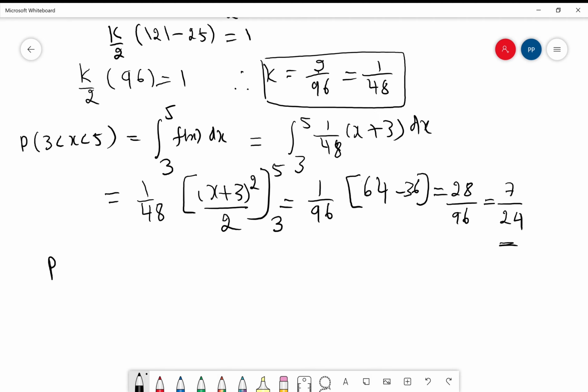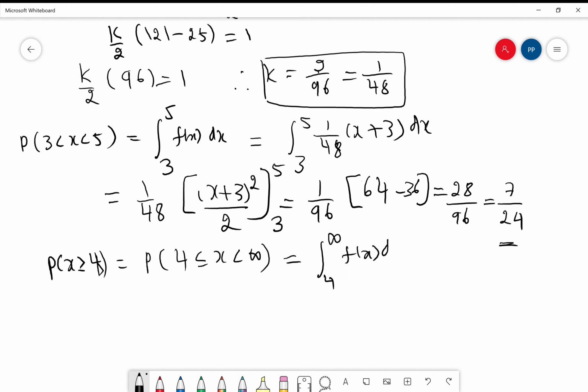So P of x greater than or equal to 4. Here what you have to do is write this as P of 4 less than or equal to x less than infinity, because whenever x is given as greater than something, the interval is from that to infinity, which can be written as the integral 4 to infinity, by definition, of f of x dx.